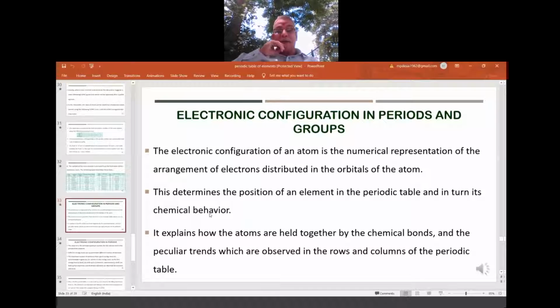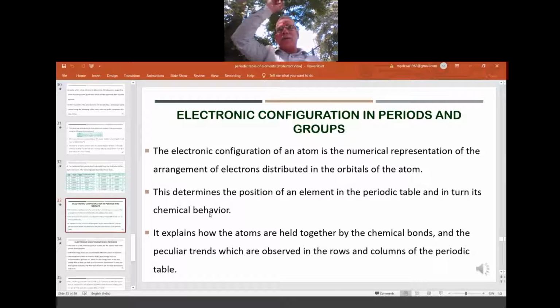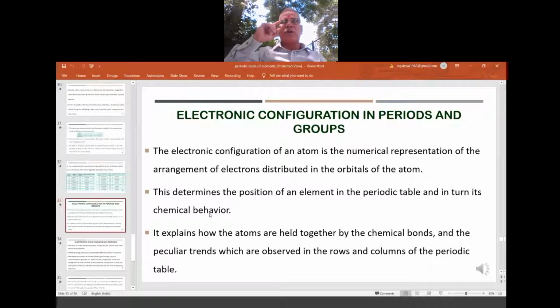Sodium is an alkali metal, and potassium also has ns1. So without referring to the table, we can tell potassium is an alkali metal, because ns1 is similar to sodium.